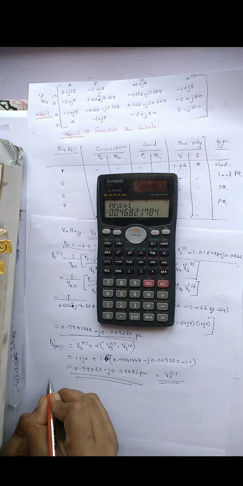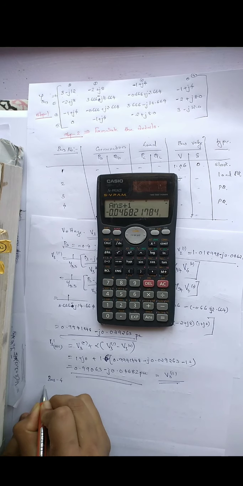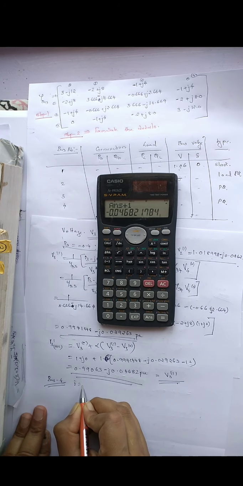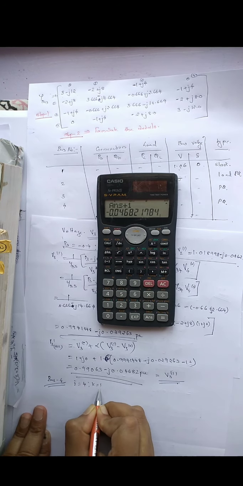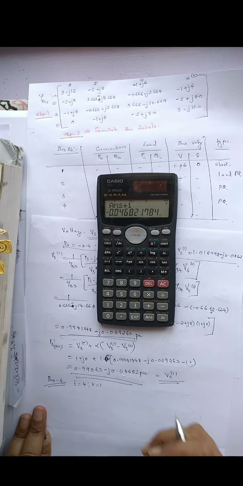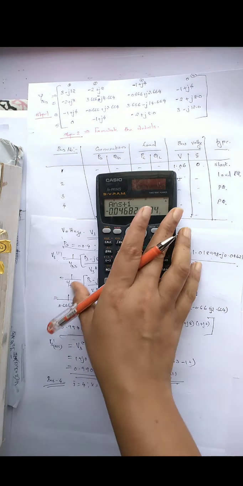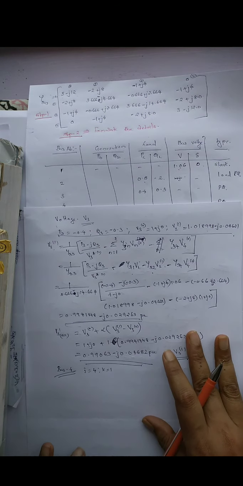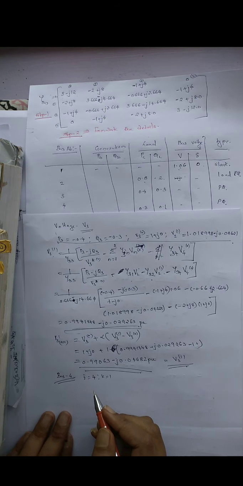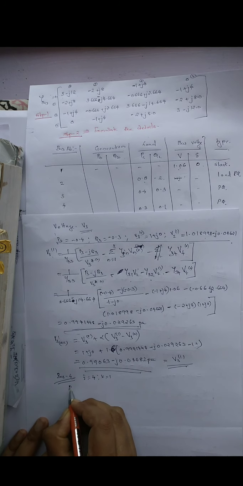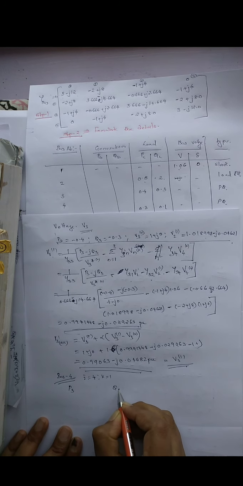Similarly, we have to find out the same for our bus 4, so that I is equal to 4 and K is equal to 1. Again I am doing this. For bus 4 we got our value. We have to find out P3 and Q3.